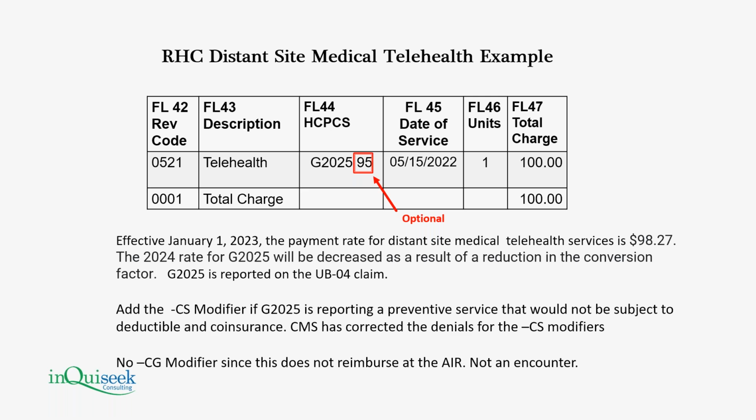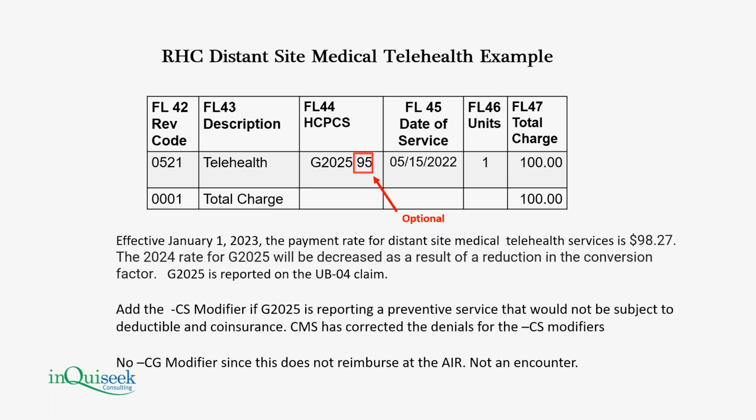Originating site is we are hosting the patient in our clinic, but the telehealth provider is another separate provider not attached to our RHC that is somewhere in a bigger city. So our payment right now for G2025 is distant site. So that's our provider providing that telehealth service to a rural health clinic patient.